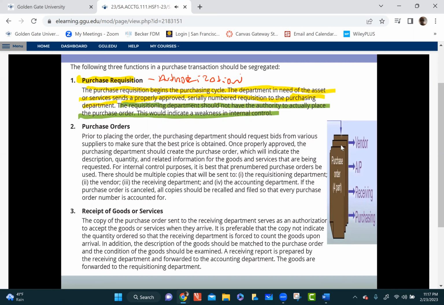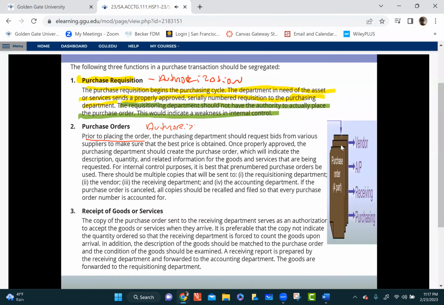What could go wrong? What could be the problem with this separation of duty, internal control, by separating this authorization process from the authorization, frankly, to place the order, because they're both authorization.